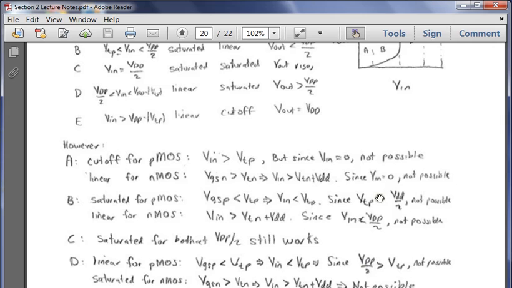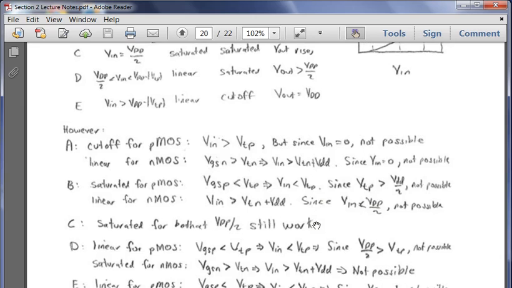We don't want that. For linear for NMOS, say that VDN is going to be greater than VTN plus VDD, but since we want VN less than VDD over 2 for NMOS, and that's not the case, we can't have that, therefore it's not possible. So these cases are what's actually happening, and this is the case that we desire.